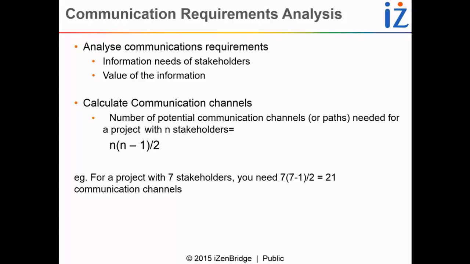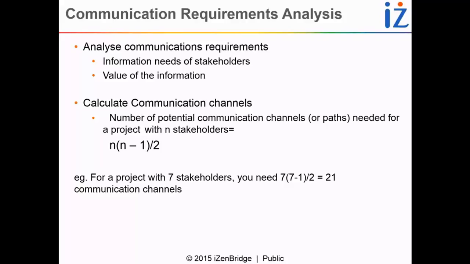It is important to know how many communication channels there are. This gives the project manager an idea of how complex the project is and how difficult it is going to be to plan communications. It's a simple formula, and you do get asked this in the examination, so please be sure that you can remember it.